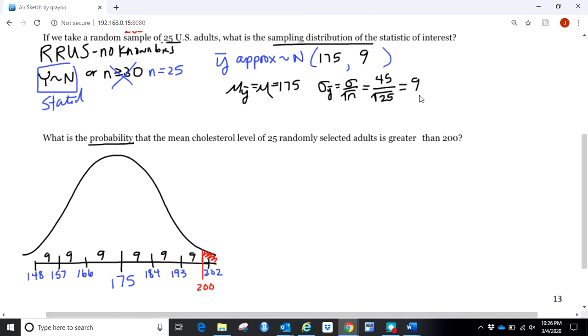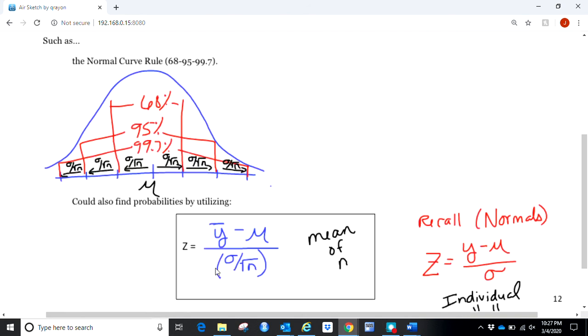But what I can already see from my scale is 200 seems to be further away from the mean because the size of my step has changed. So now we are between 2 and 3 standard deviations above the mean. What this also means is that this is the z-score formula I want to use, because we're looking at the mean cholesterol level of 25 adults.